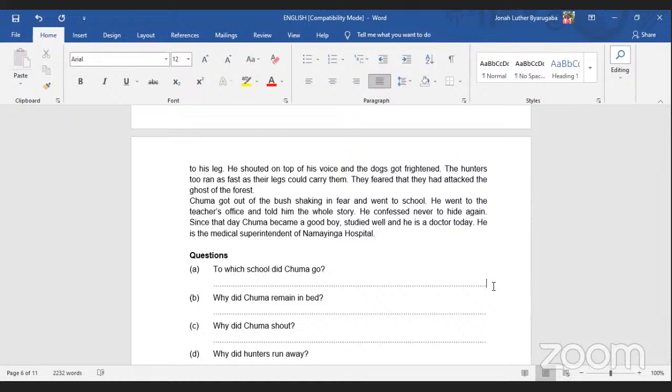Okay, let me just check the story. Should I scroll? Yes, please.